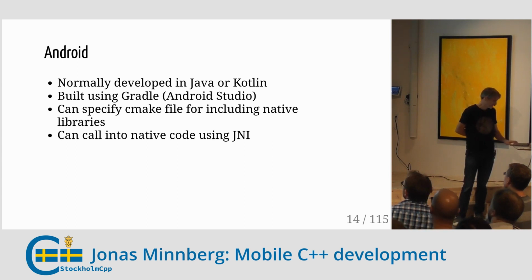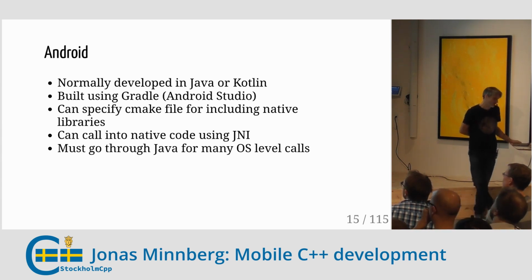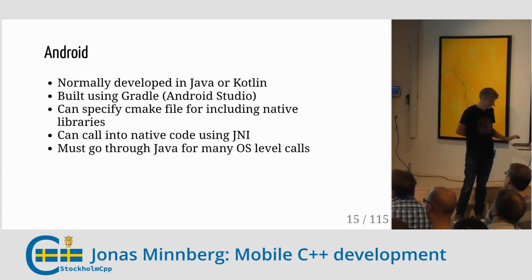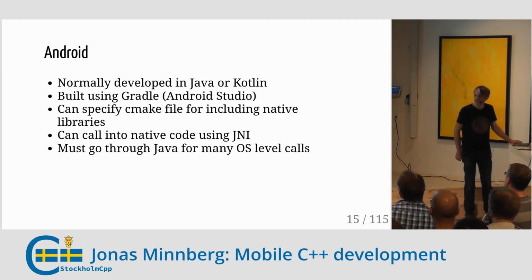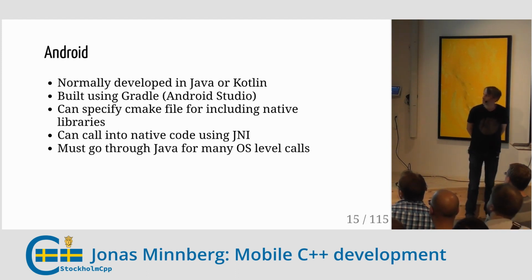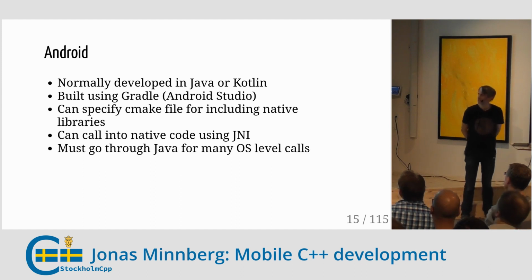It's not that fun. And then a lot of the OS level stuff you still need to go back to Java to do, unfortunately. Except, well, sockets, you can use BSD sockets, you can use OpenGLES calls and sound, you can do that directly native. So for gaming, you can stay in C++ most of the time, which is nice.